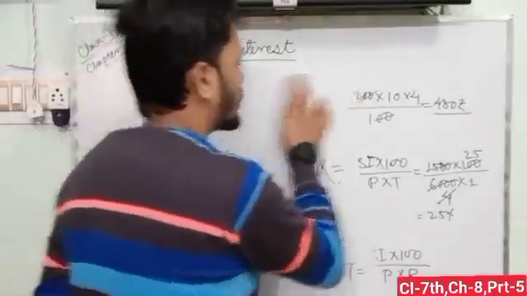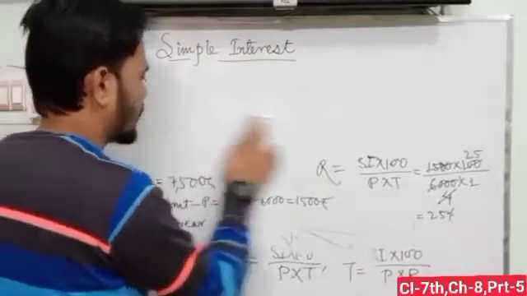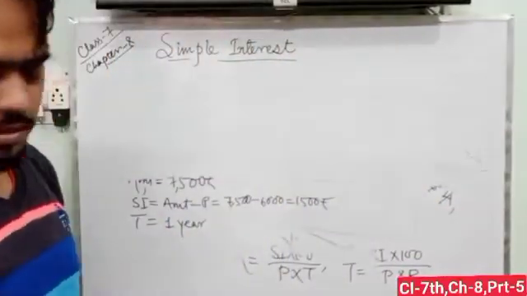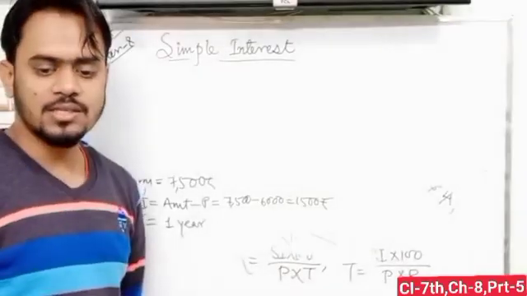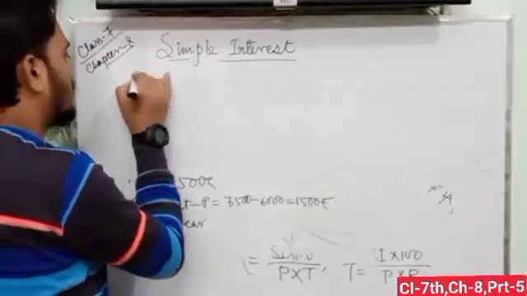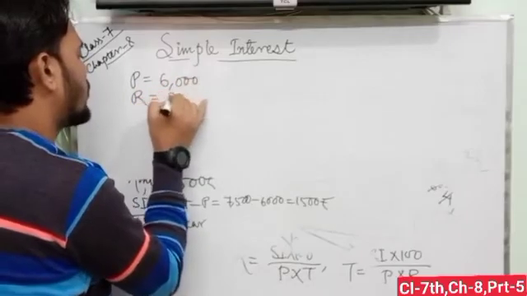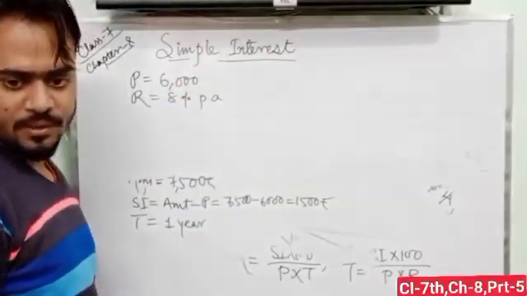Now I am going to solve one more question from your exercise. The question is: rupees 6,000 is borrowed at 8%. Principal is equal to 6,000 and rate is equal to 8% per annum.